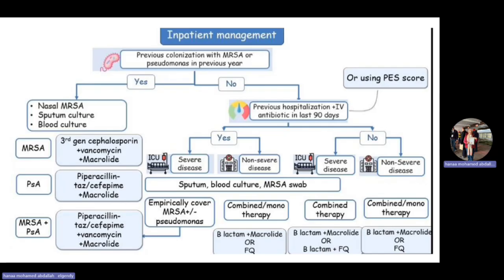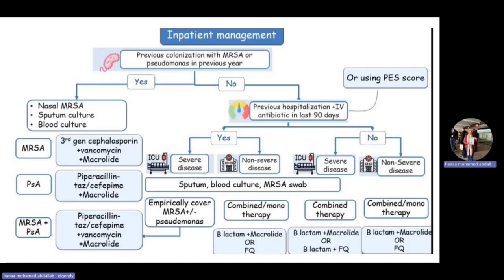If there is high risk of Pseudomonas but no high risk of MRSA, and the nasal swab was negative, we will go for piperacillin, tazobactam, or cefepime plus macrolides. If the patient has positive results, we should give piperacillin, tazobactam, or cefepime plus vancomycin and macrolides.